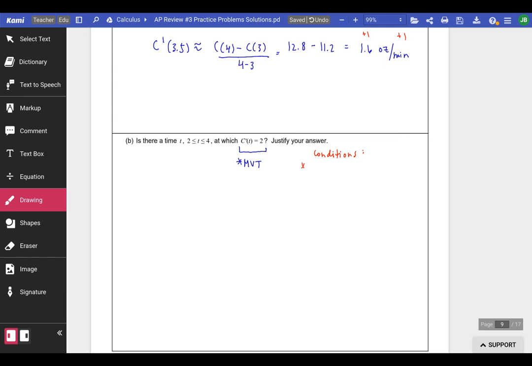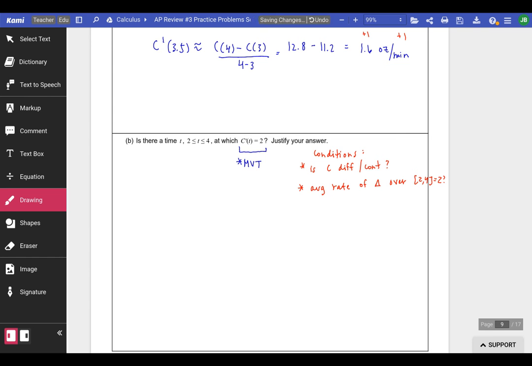The first one is: is C differentiable and continuous on a given interval? The second one we want to check is whether the average rate of change over the interval from 2 to 4 is equal to 2.